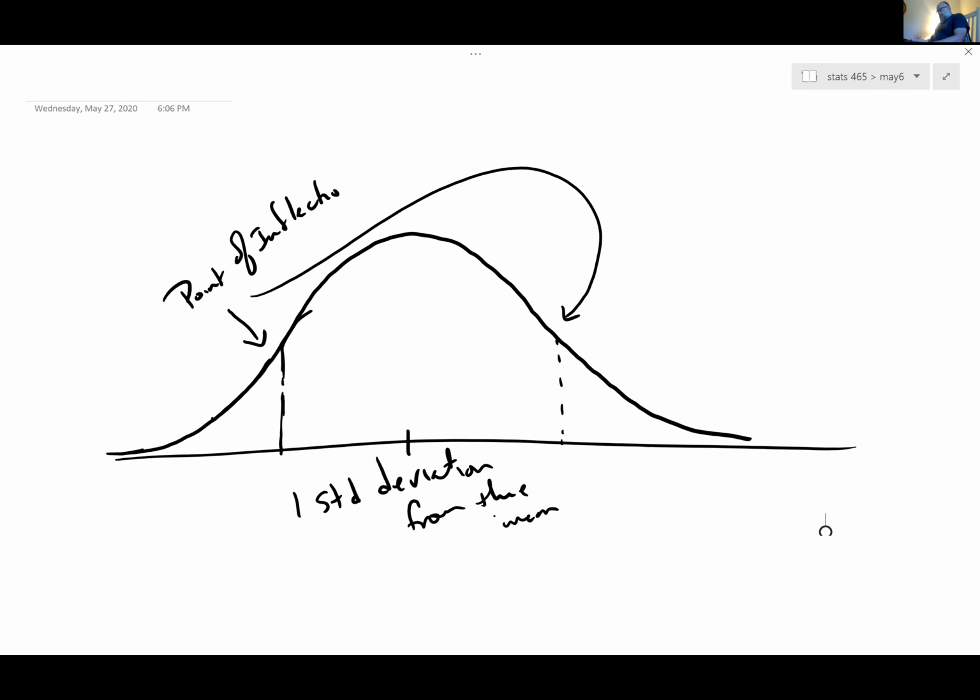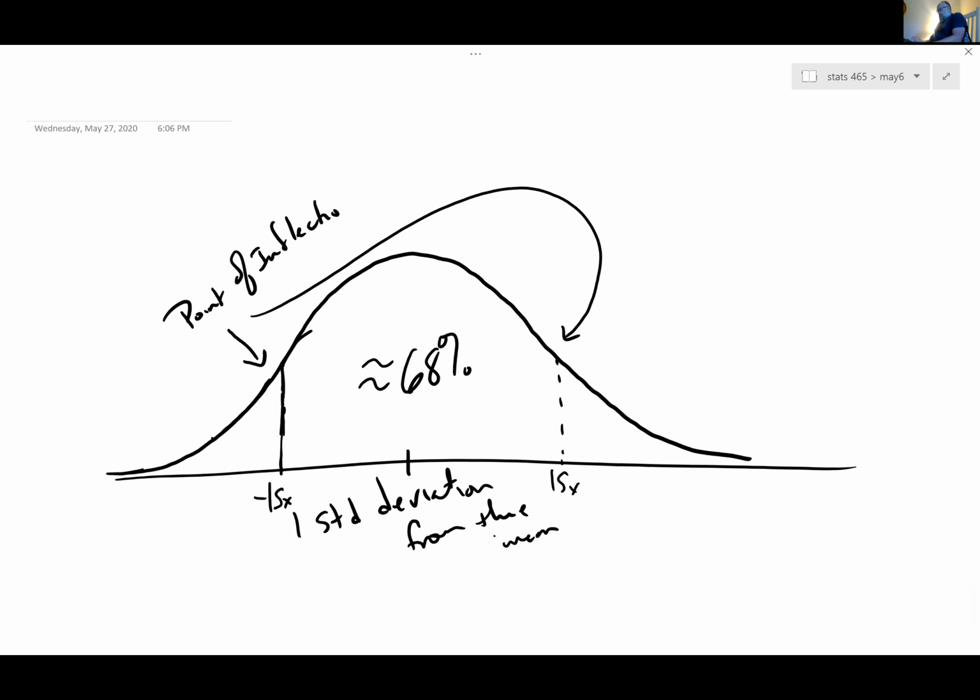So in here, what percent is between here, that is -1 standard deviation, and +1 standard deviation? Well, it turns out it's about 68% of the data. Now, when you just draw one like I did on the previous page, you don't see it as well.